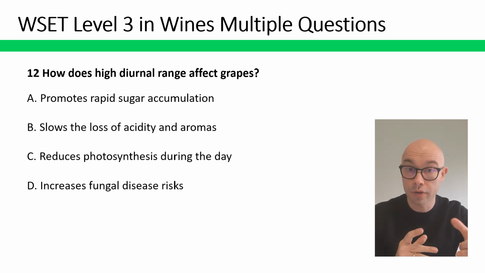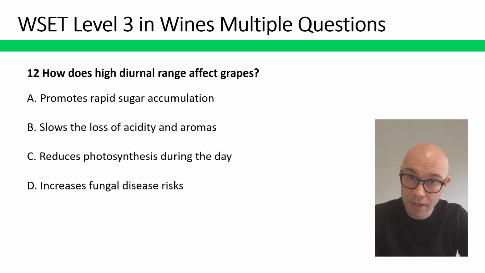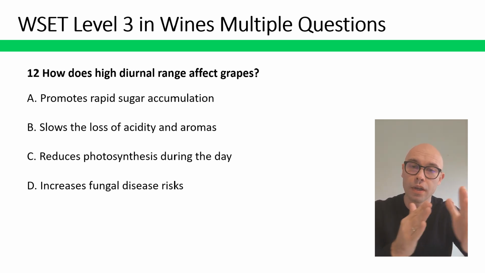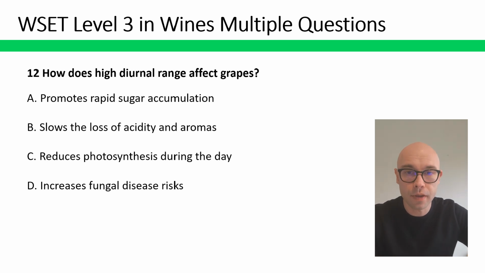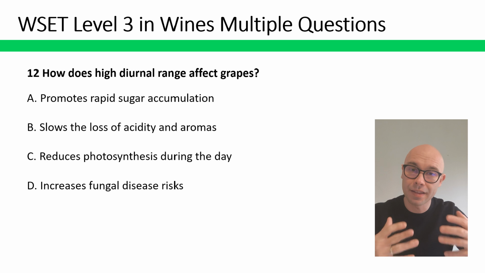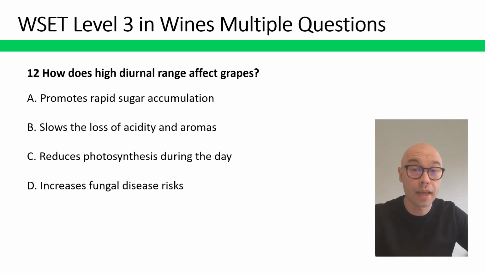Basically, the diurnal range, the temperature difference between night and day, cools the vineyards in the evening, slowing the process. So aromas can develop in a more even way because they have more time to ripen properly.